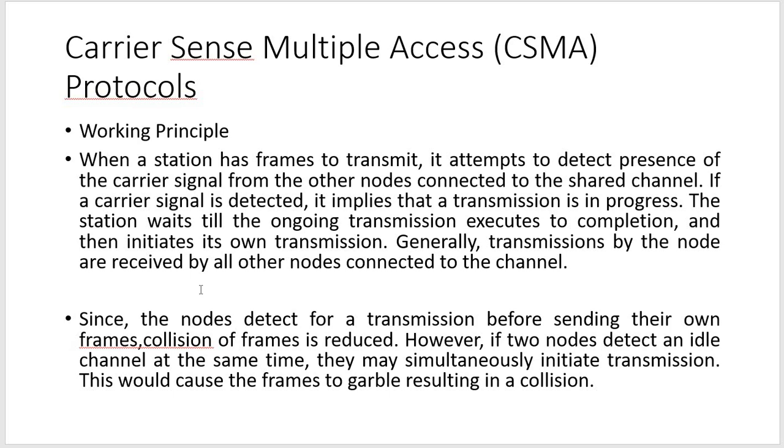Generally, transmissions by a node are received by all other nodes connected to the channel. Since the nodes detect for a transmission before sending their own frame, collisions of frames are reduced. However, if two nodes detect an idle channel at the same time, they may simultaneously initiate transmissions. This could cause the frames to result in a collision.